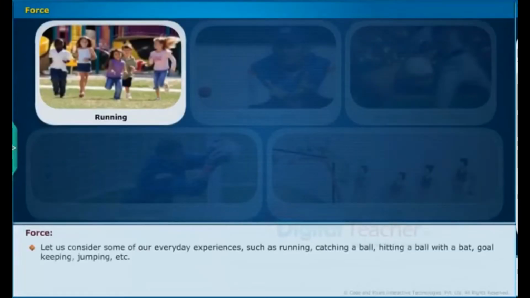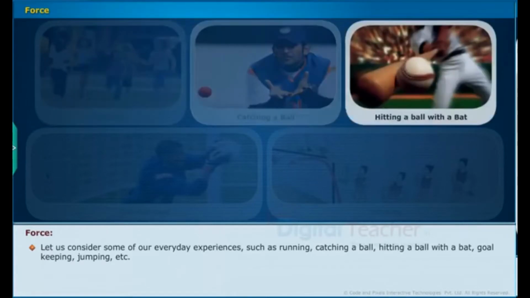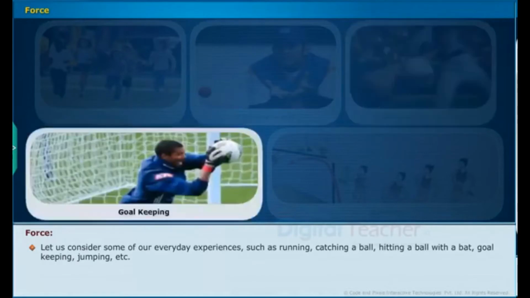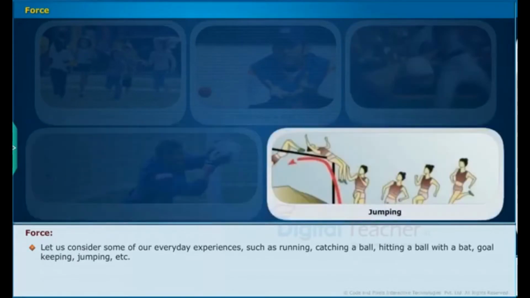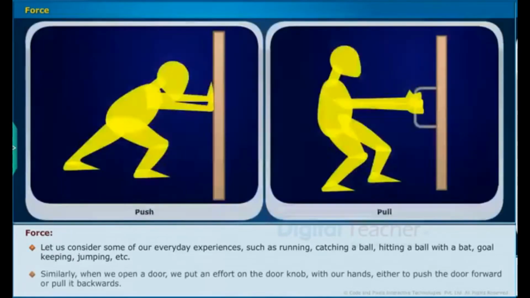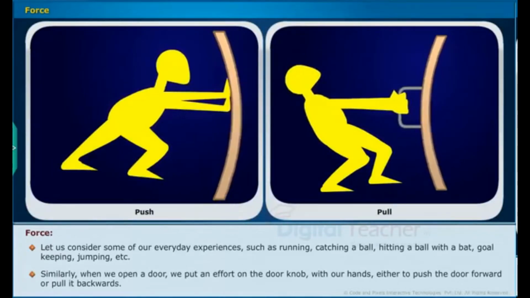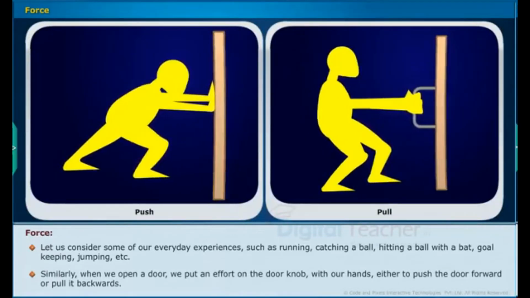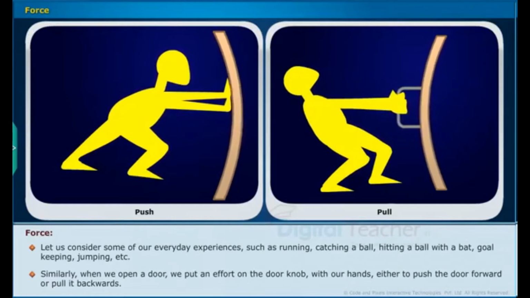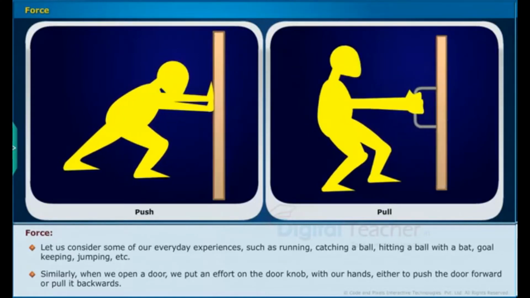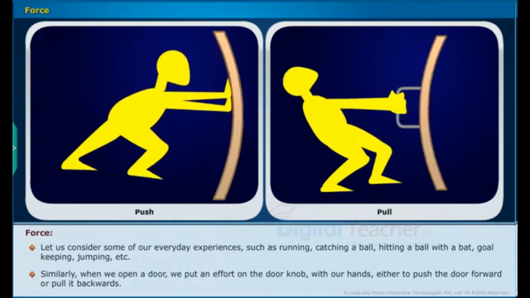Let us consider some of our everyday experiences such as running, catching a ball, hitting a ball with a bat, goalkeeping, jumping, etc. Similarly, when we open a door, we put an effort on the door knob with our hands either to push the door forward or pull it backwards.